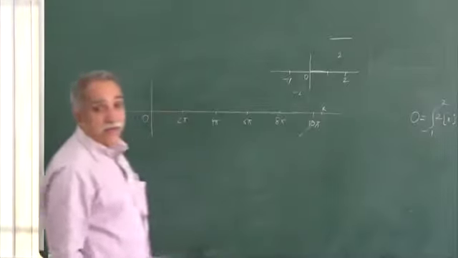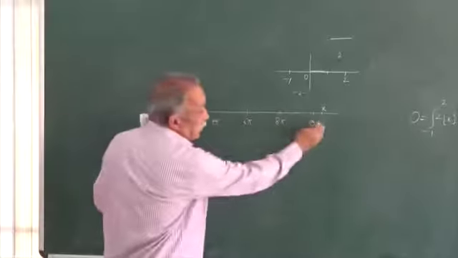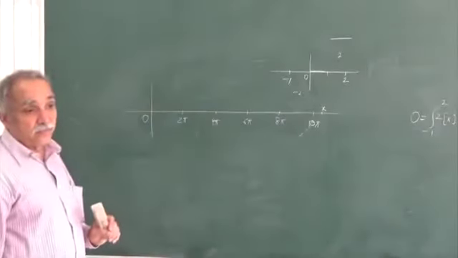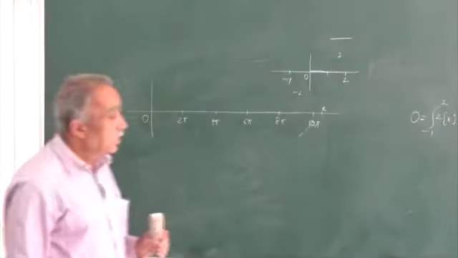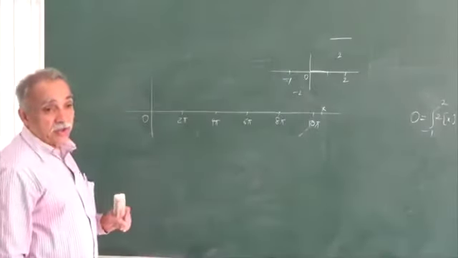Somewhere here I have x. My interval of integration is from 0 to x. The function to be integrated is integer part of cos t.